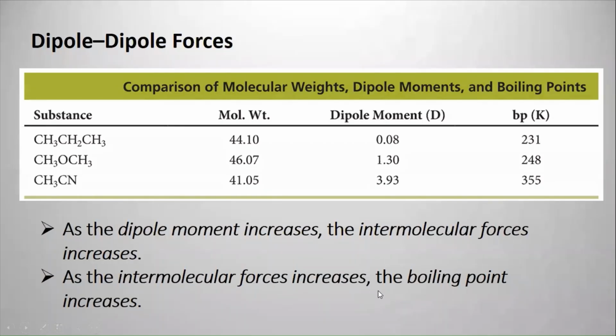As the intermolecular forces increase, the boiling point increases. So this is basically the conclusion of this table. Increase the dipole moment, you increase the strength of the intermolecular forces. Increase the strength of the intermolecular forces, you increase the boiling point of the molecule.